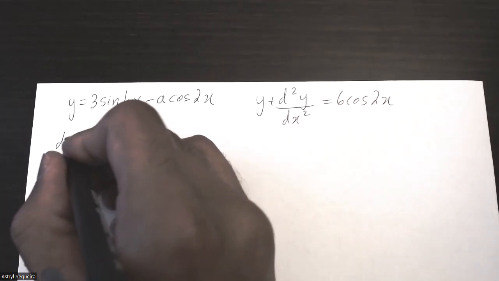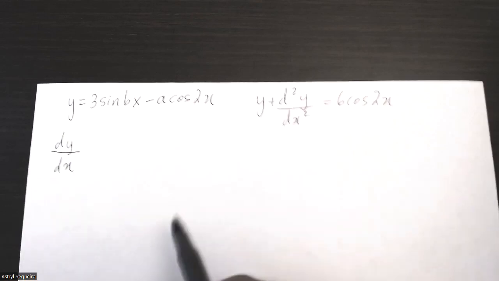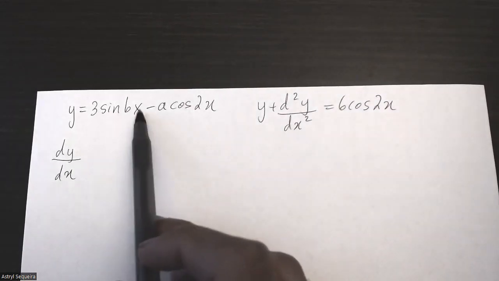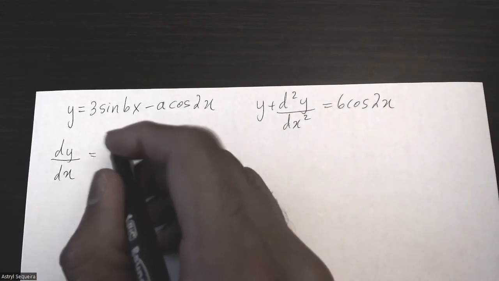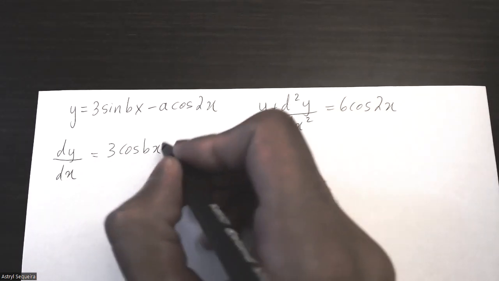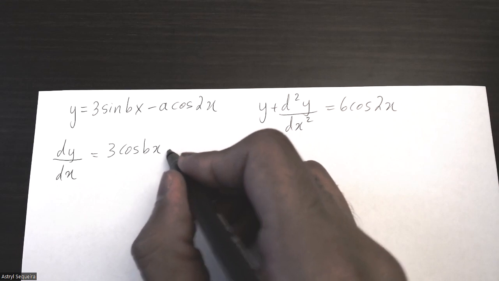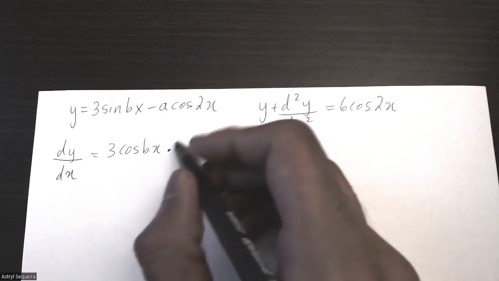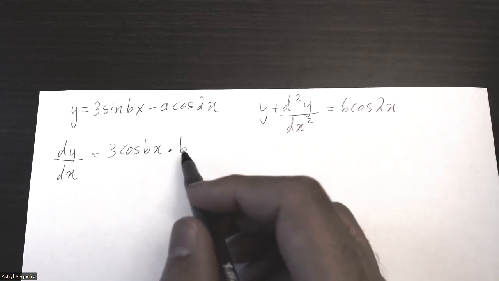So I'll start with dy over dx, and the derivative of 3 sine bx is just 3 cos bx times the derivative of the inside bx, which is just b.